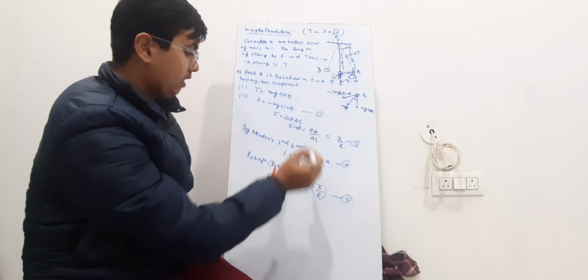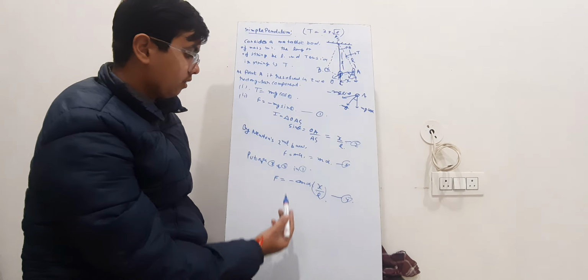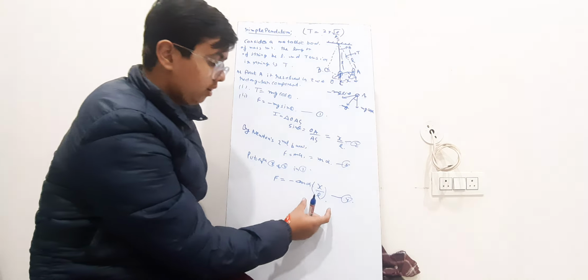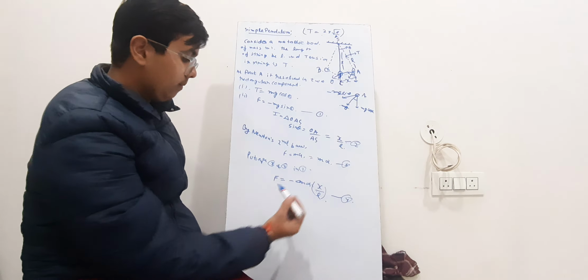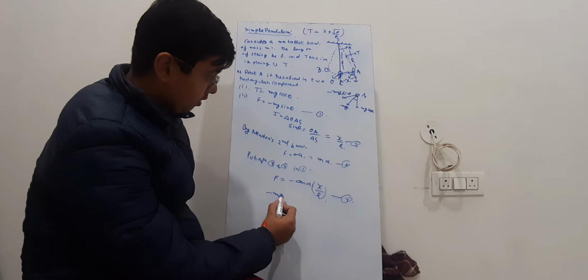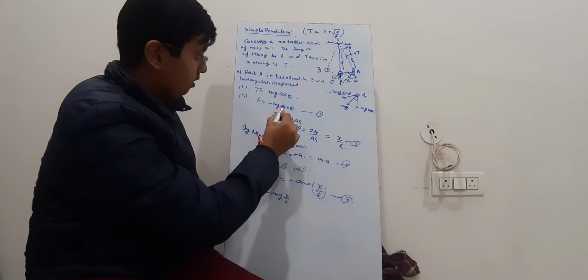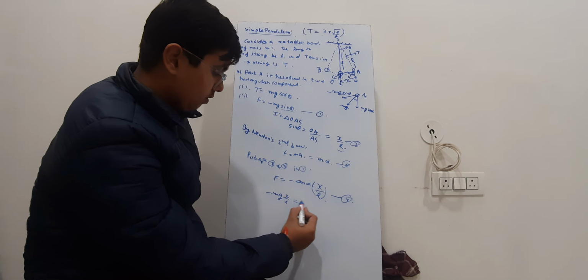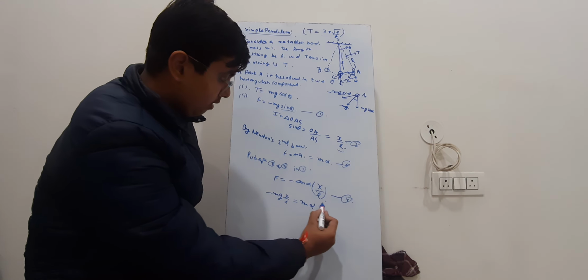From equations 1 and 4, the left hand sides are equal, so the right hand sides are also equal. So minus mg x by L, where sin theta is x by L, is equal to m alpha.